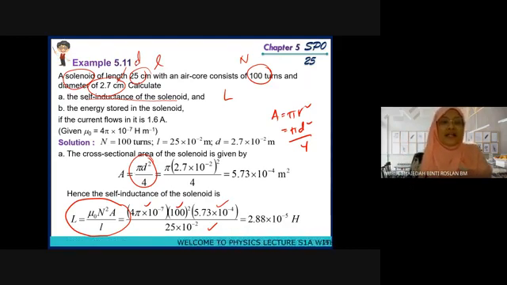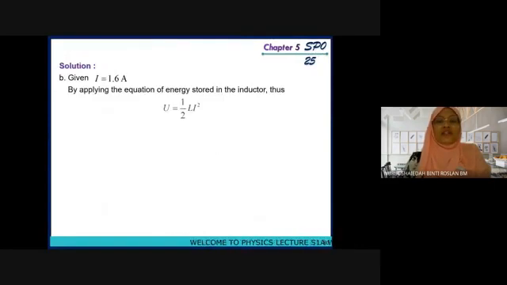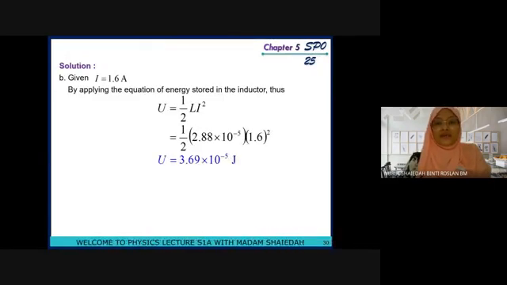Okay, question B. They ask you to find the energy stored in the solenoid. We have the formula for energy stored, right? For the solenoid, U equals to half Li squared.